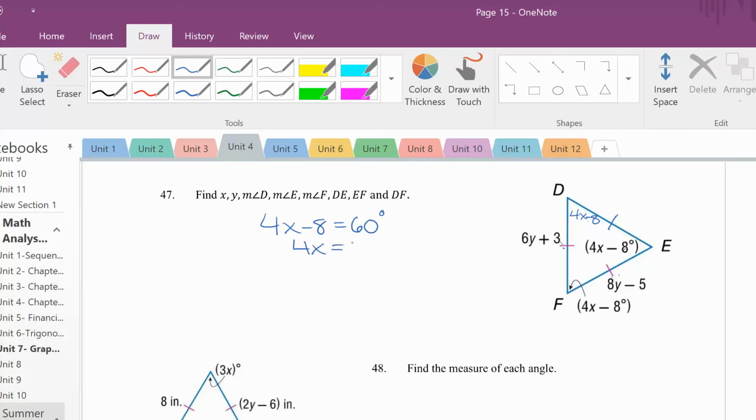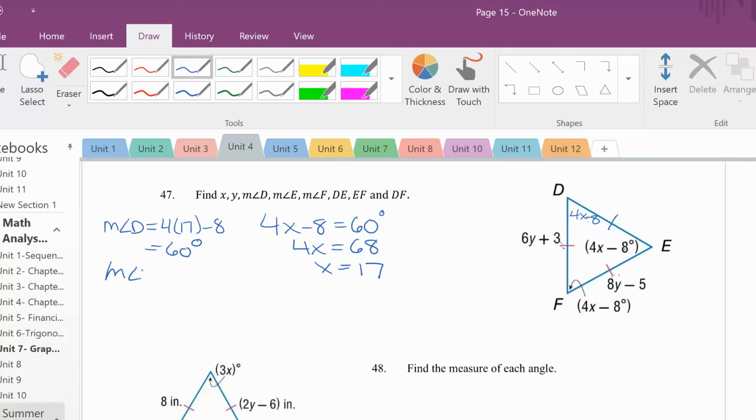So if we add 8 and divide by 4, you get that x equals 17. And that means that the measure of angle D is 4 times 17 minus 8, which is 60 degrees.